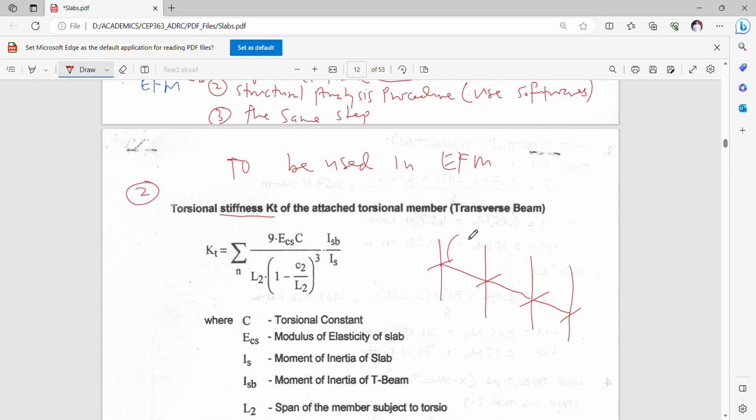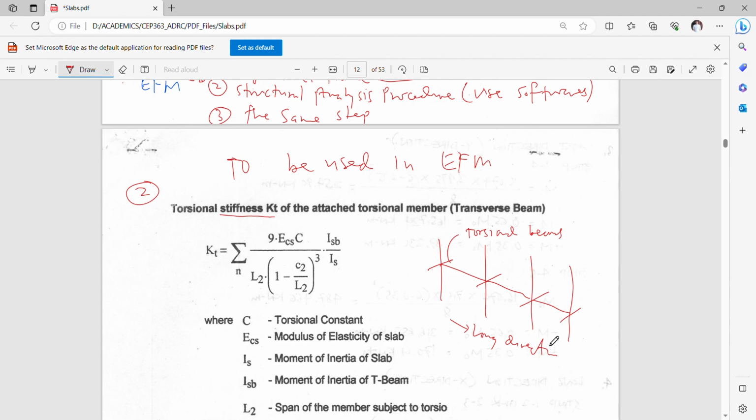So these torsional arms or torsional beam elements provide longitudinal stiffness on the basis of the analysis in this direction. So this is your long direction. Okay.